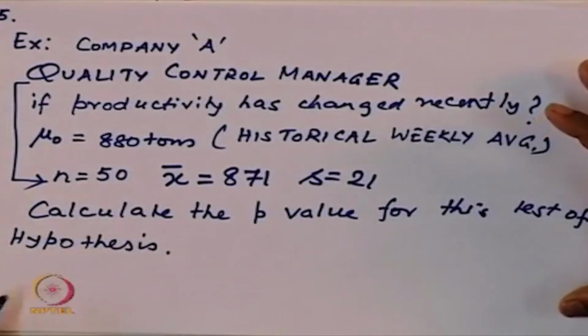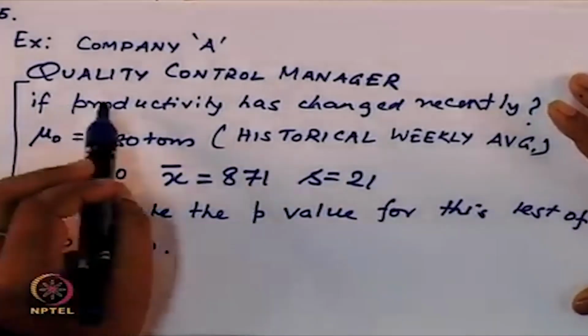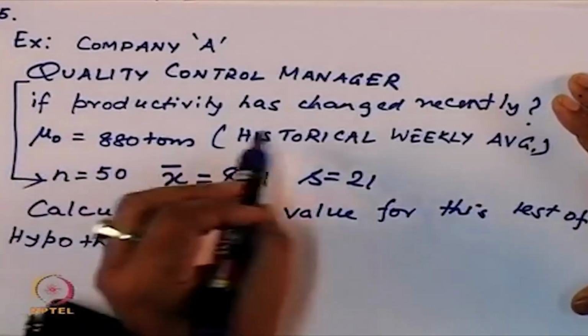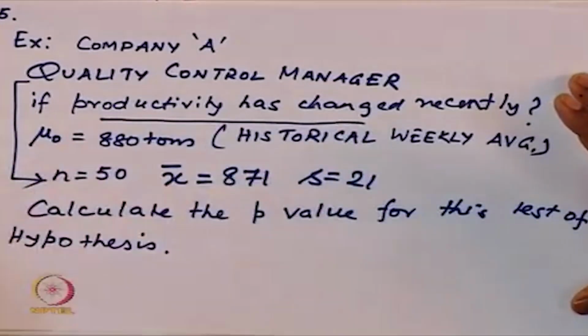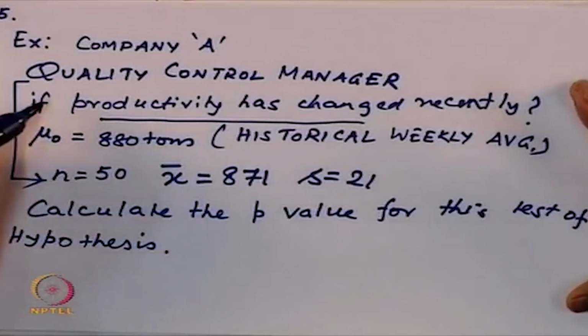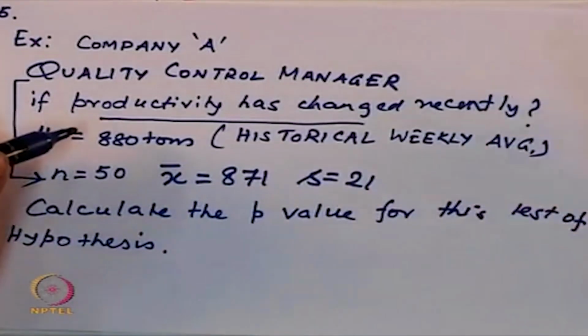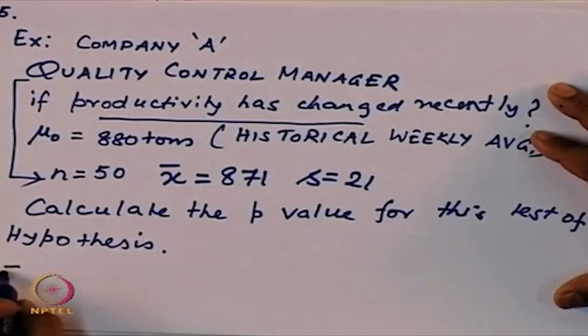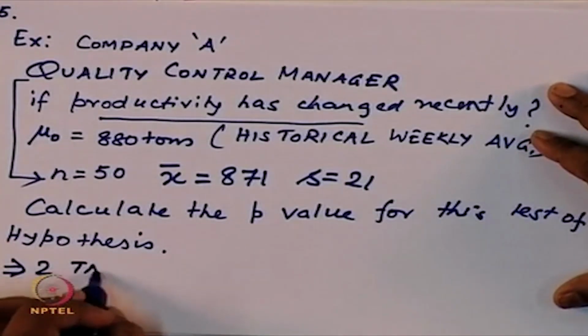What you note is that the manager wants to evaluate if productivity has changed, which means he does not want to see whether it has increased or decreased. So, this implies this is a two tailed test.